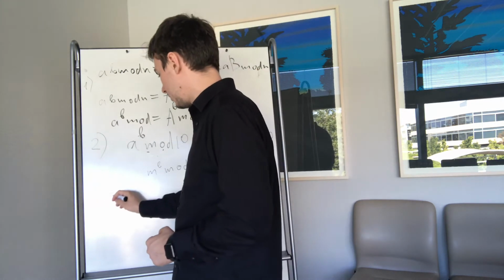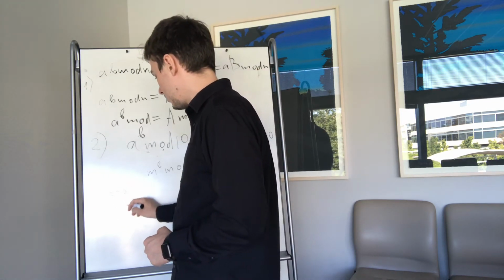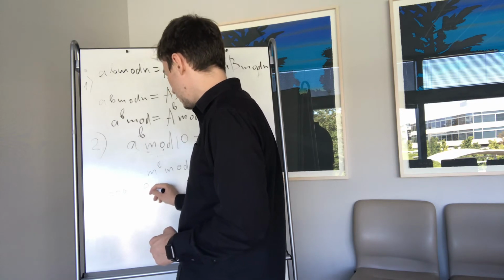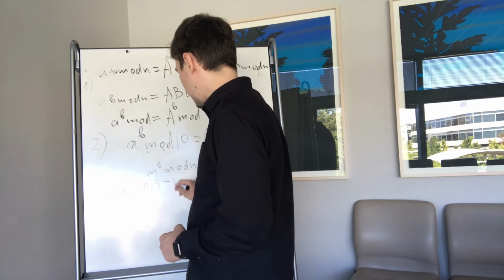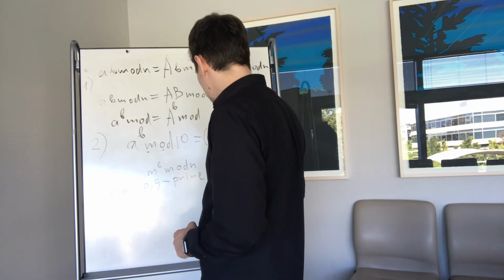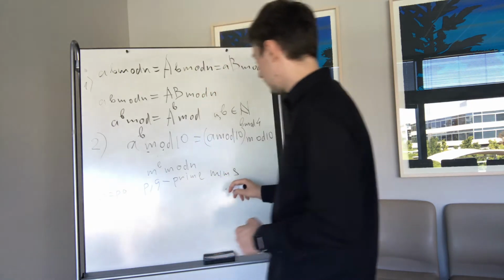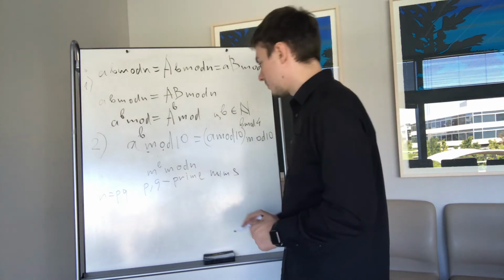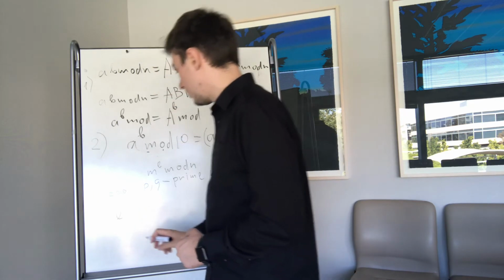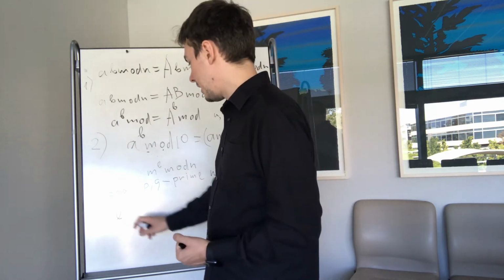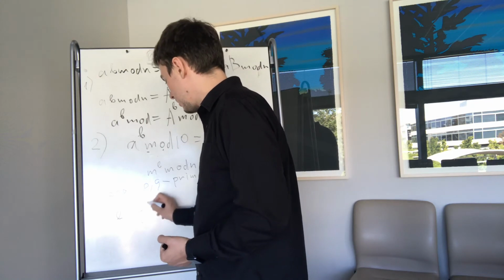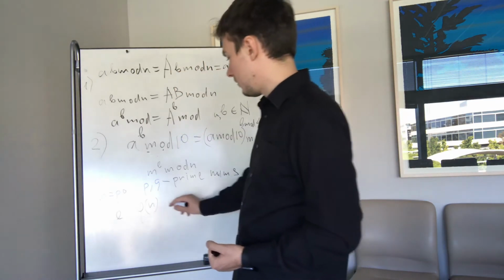N equals P times Q, where P and Q are prime numbers. E is any number which is coprime with this number, phi(N).